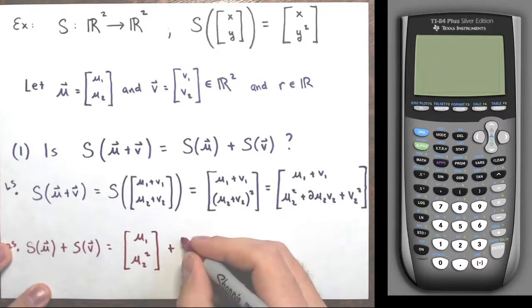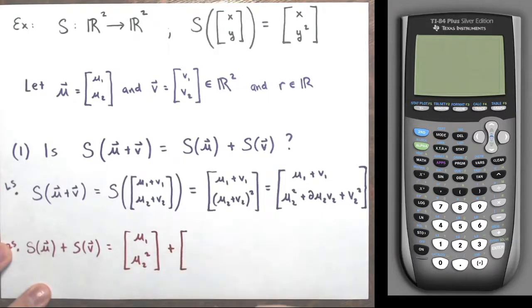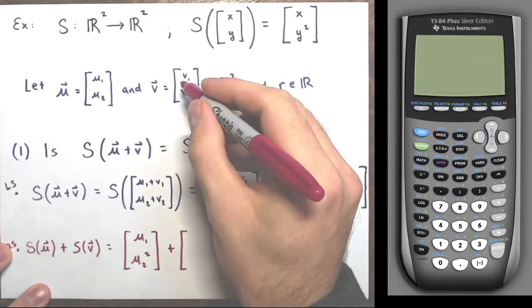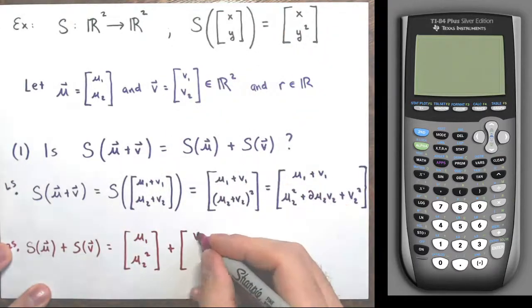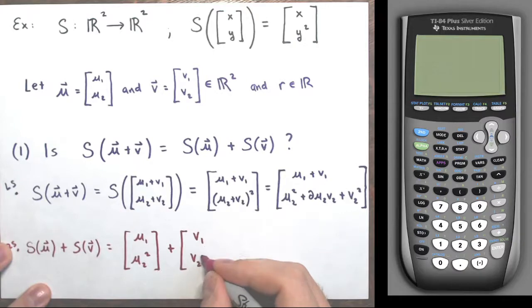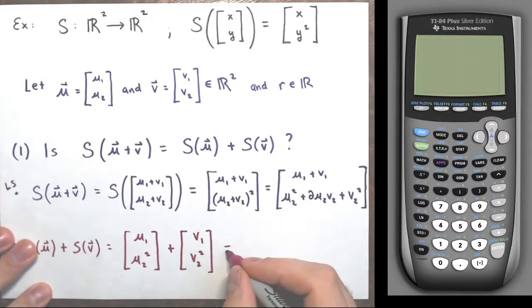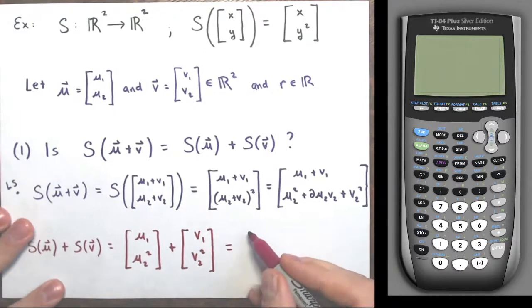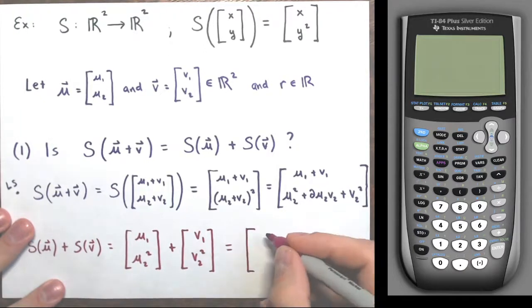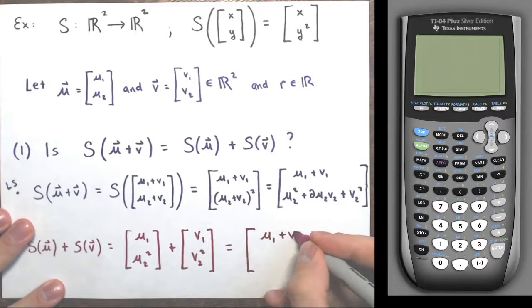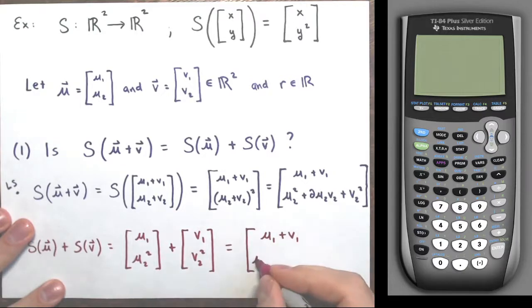All right, plus, and then what's S at v? That'd be, I plug v1, v2 into S, I get v1 for the first component, and then v2 squared for the second component. And then adding these together, standard vector addition in R2. First component u1 plus v1. Second component u2 squared plus v2 squared.